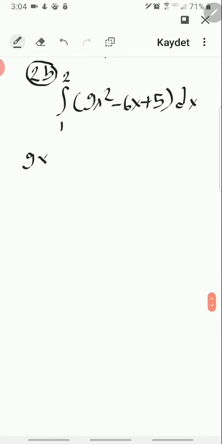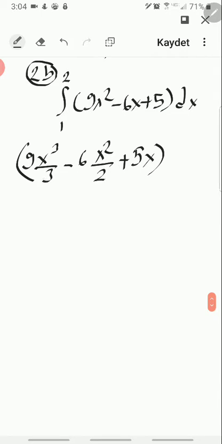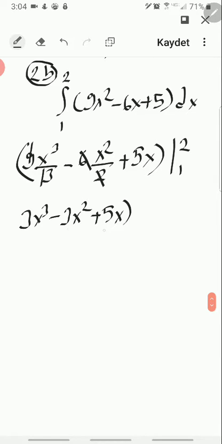We get 9x cubed over 3 minus 6x squared over 2 plus, you remember that when we have the numerical value 5, the integral is just 5x. After cancellation, we get 3x cubed minus 3x squared plus 5x from 1 to 2.